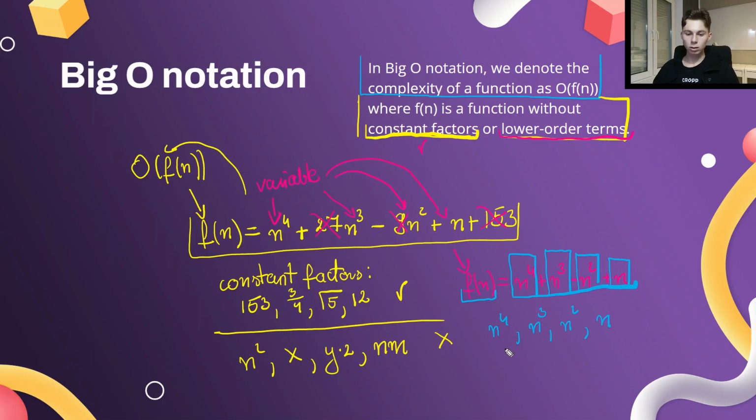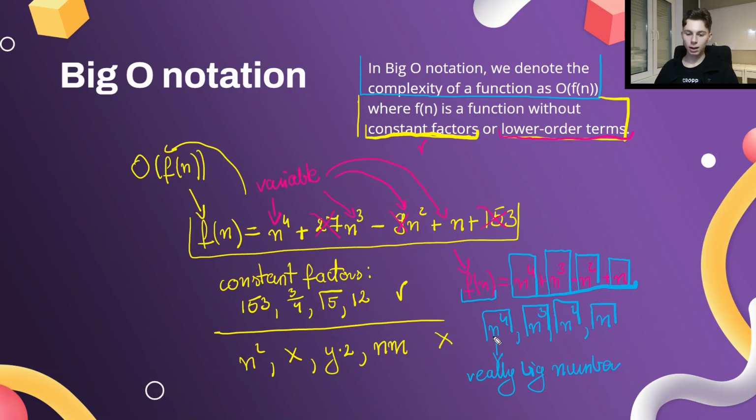Now, what are lower order terms and what are higher order terms? Well, we know that n approaches infinity. So, if we put as n a really big number, then n to the power of 4 will be always bigger than n to the power of 3 and n to the power of 2 and just n.